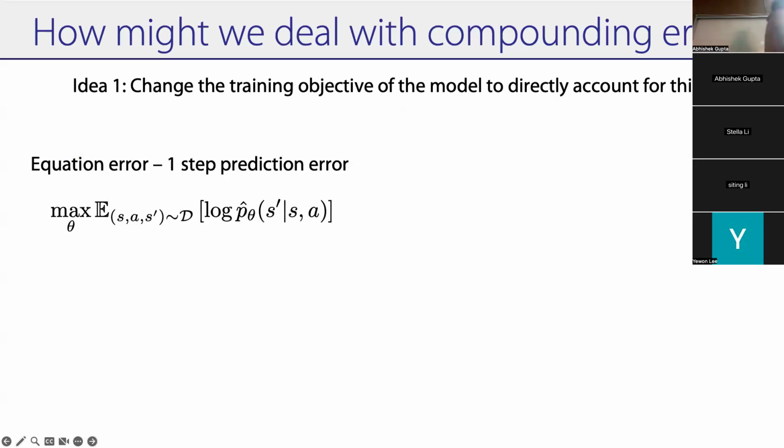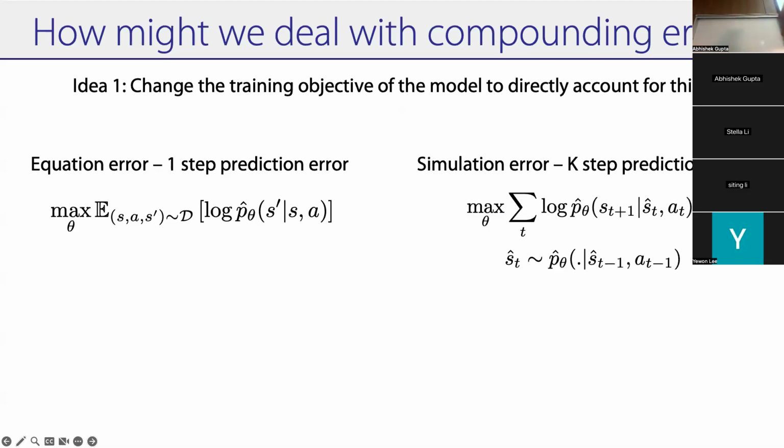The first idea is let's just change the objective, from a one-step prediction error to a multi-step prediction error. Rather than doing maximum likelihood, you have some S and A, which leads to some S prime, or let's say the model predicts S prime hat.